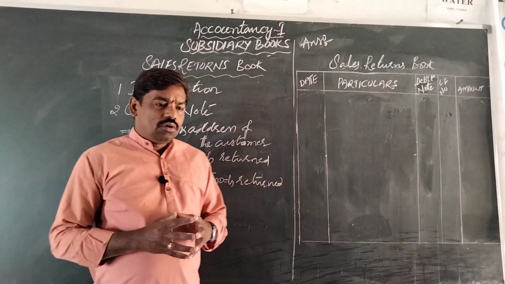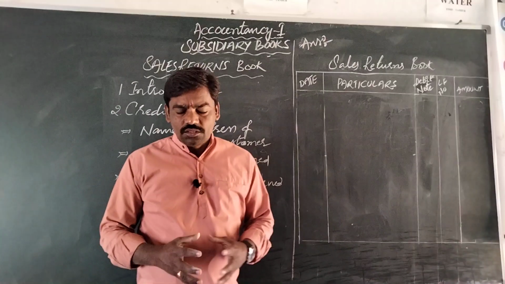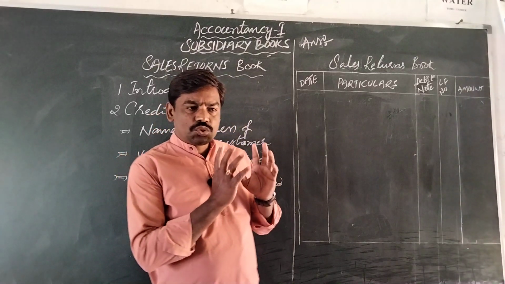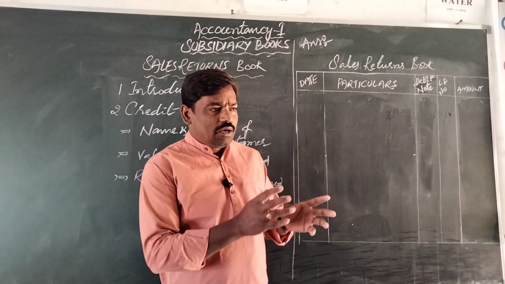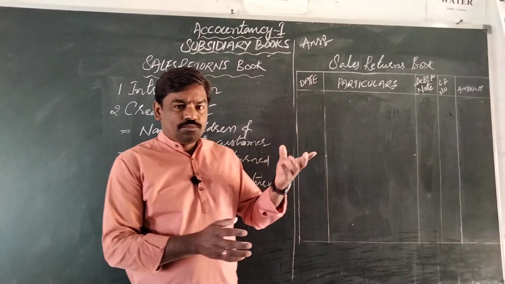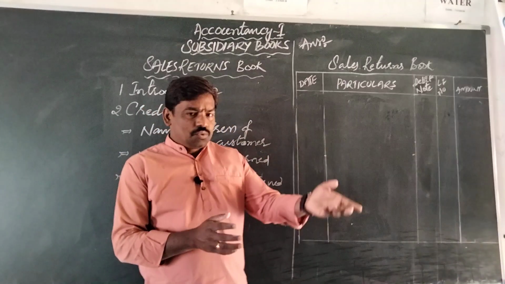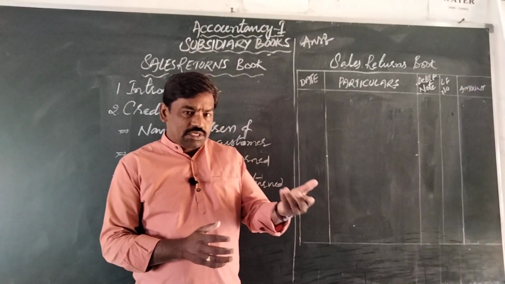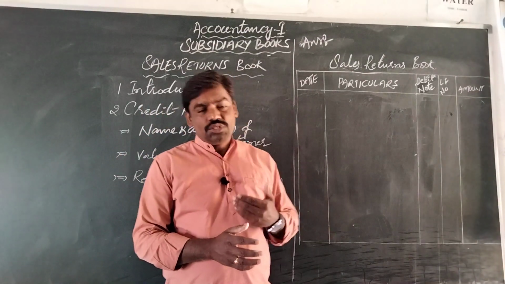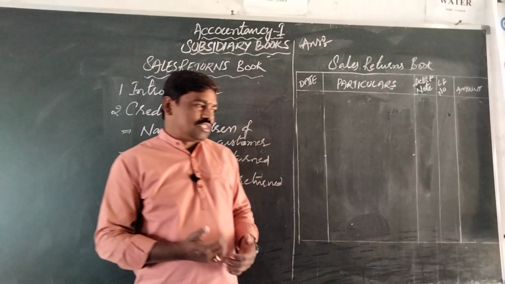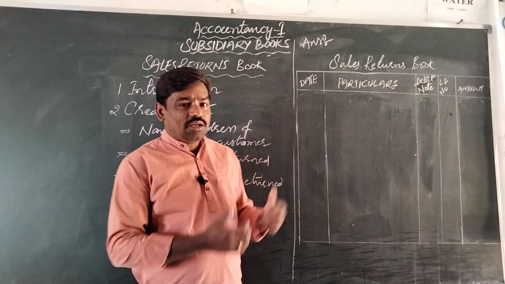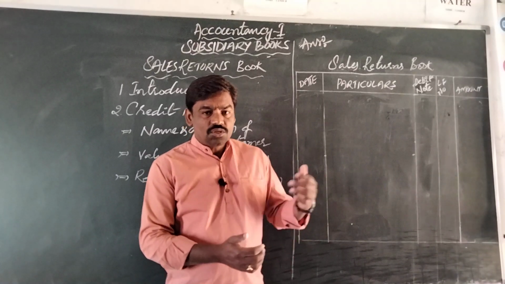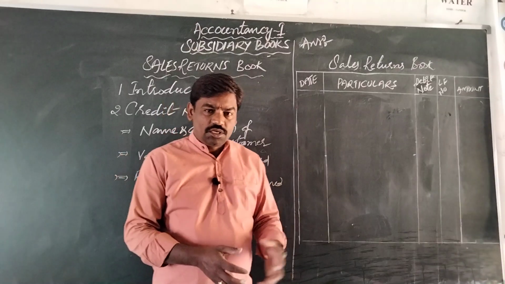It is also called the return inwards book, because whatever goods we sold to someone else and that person returns the goods to us for some reason, the goods are coming into the business, that is inwards. This information we record in the particular book called the return inwards book. It is also called the sales returns book.